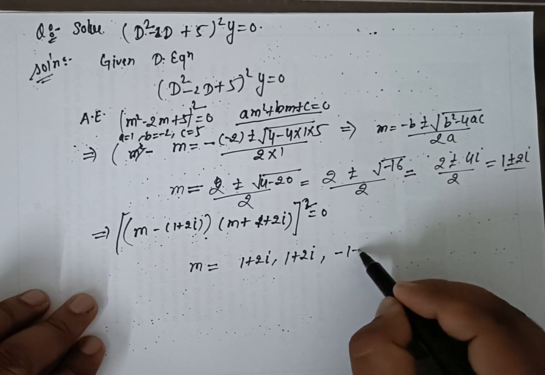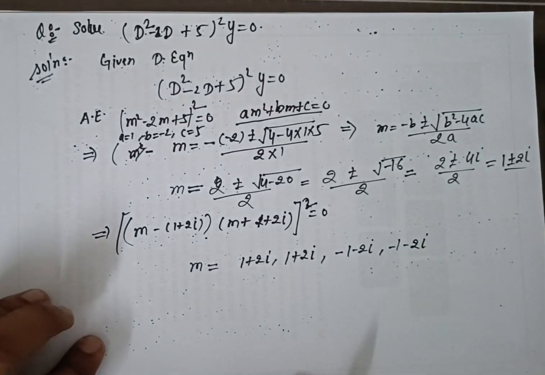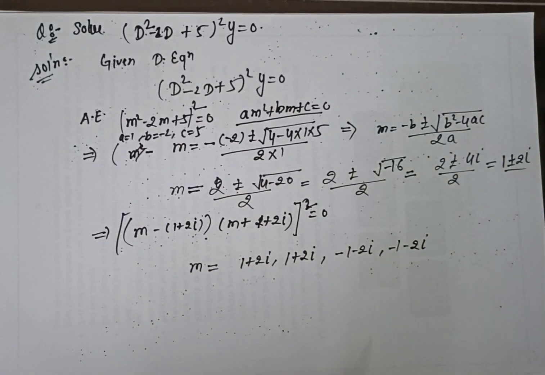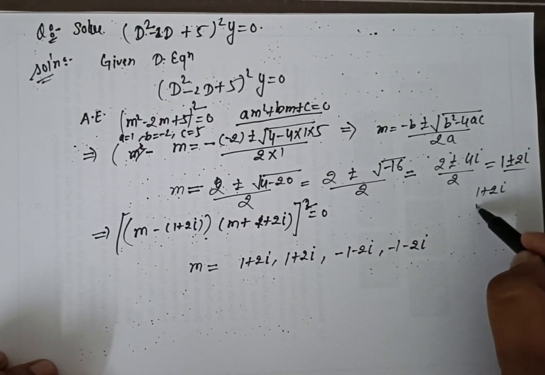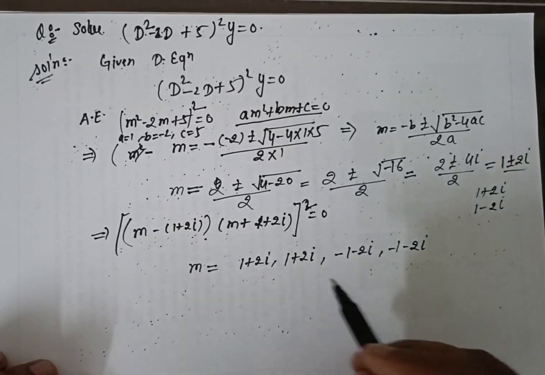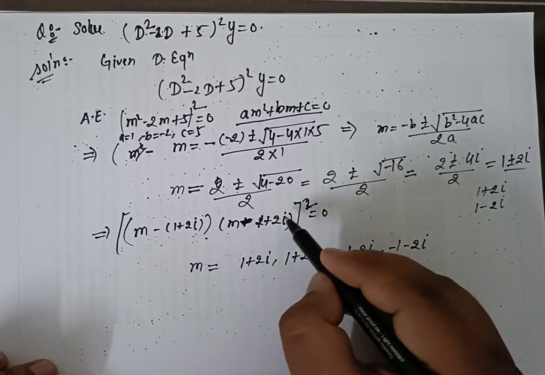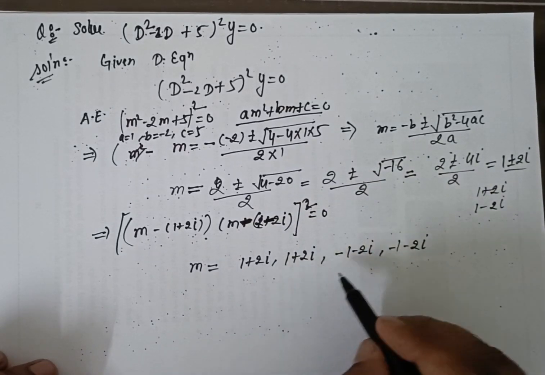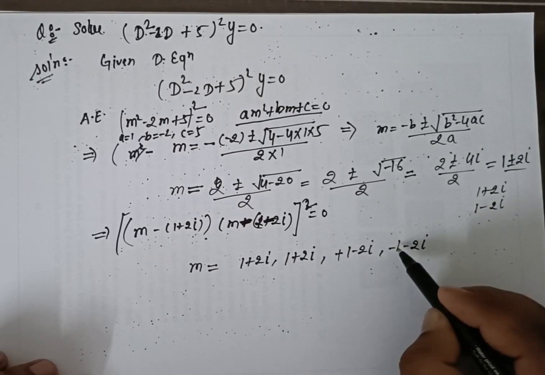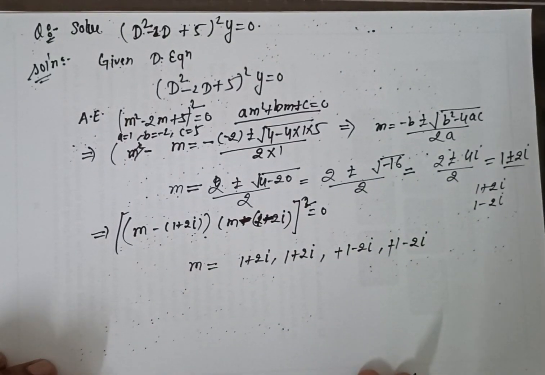Let me check it out. Come on, one root is 1 plus 2 iota and another root is 1 minus 2 iota. So we have these four roots.